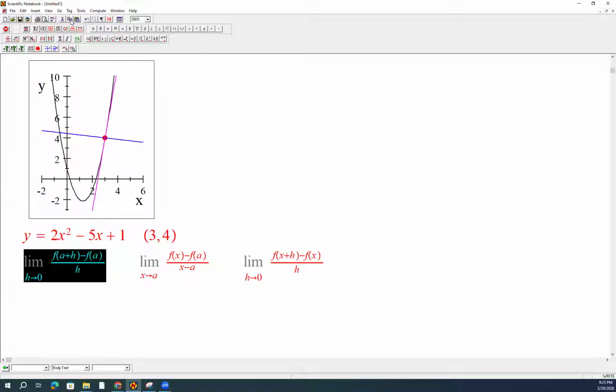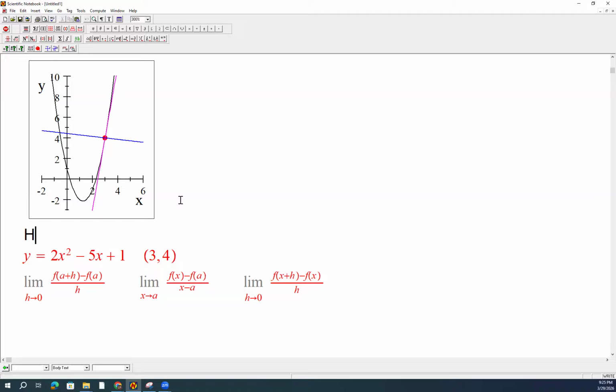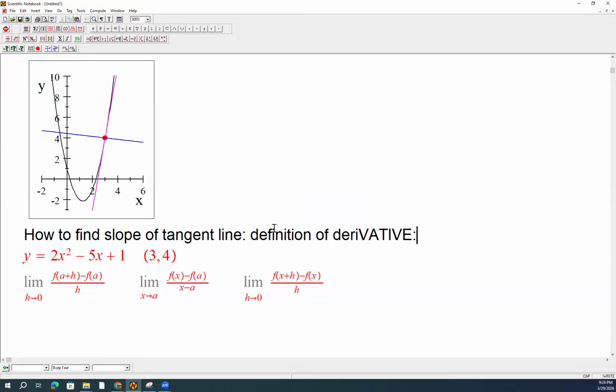In the first way, how to find the slope of the tangent line, we use the definition of the derivative.